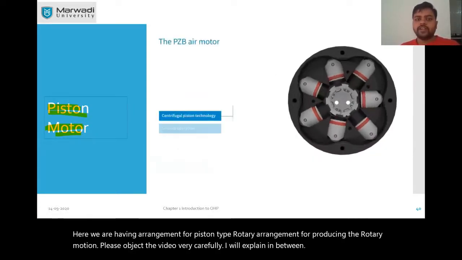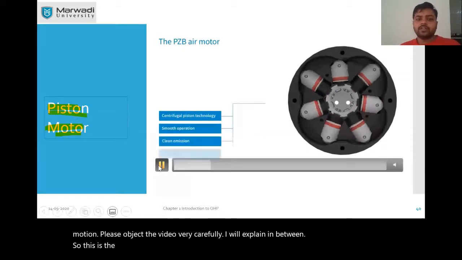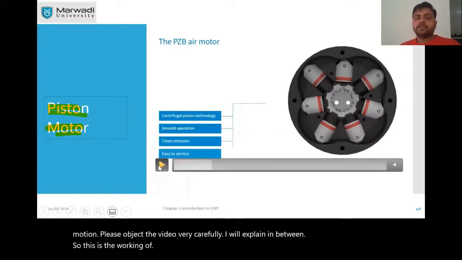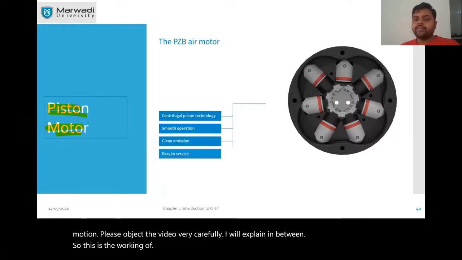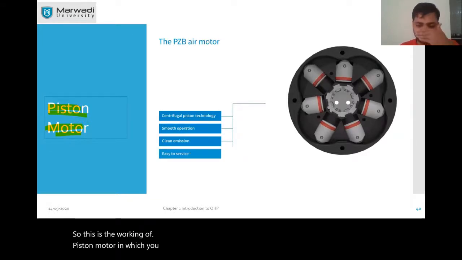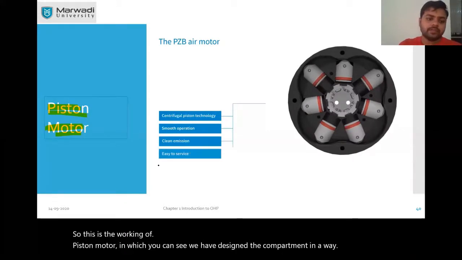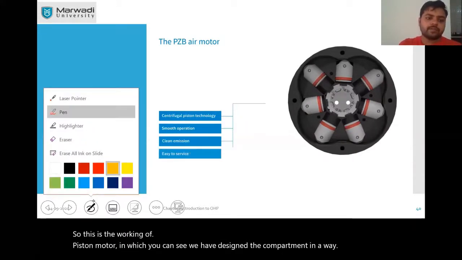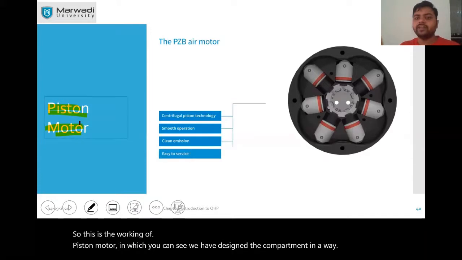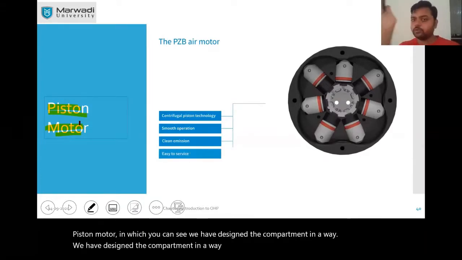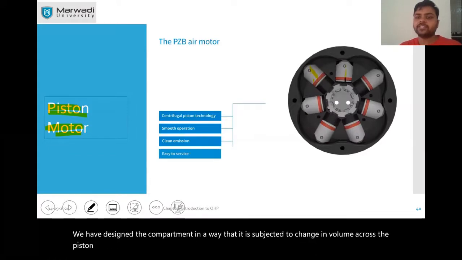So this is the working of the piston motor, in which we have designed the compartment in a way that it is subjected to a change in volume across the piston. Here you can see these are our pistons 1, 2, 3, 4, 5 and 6.